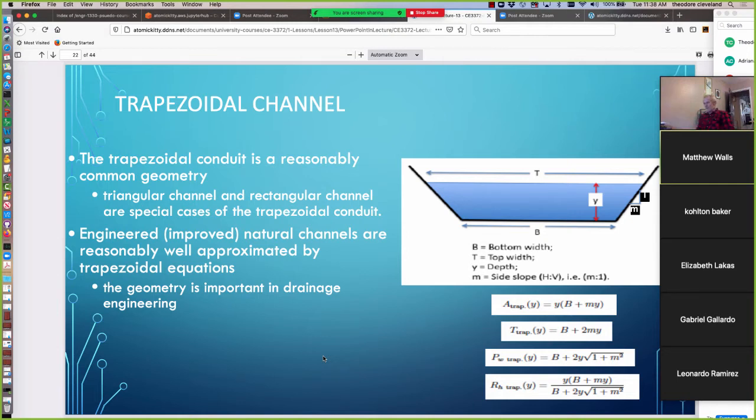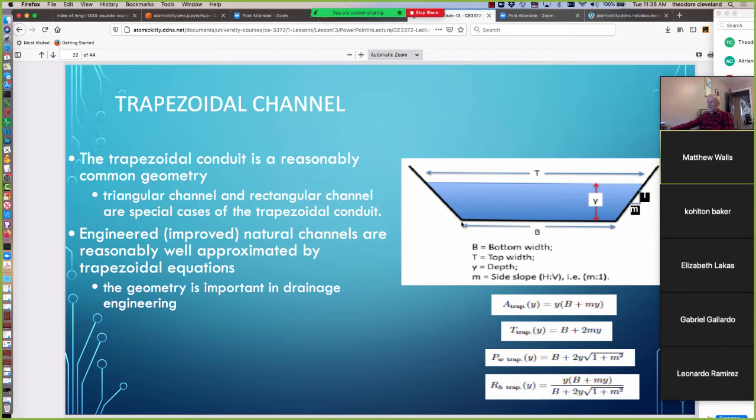So now let's repeat that thinking for a trapezoidal channel. A trapezoidal channel is actually reasonably common, it's a very useful geometry, because the triangular channel and rectangular channel happen to be special cases of this channel, and natural channels can often be well approximated using trapezoidal channels.